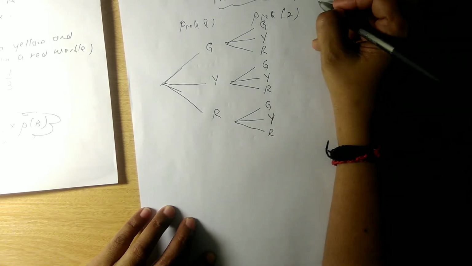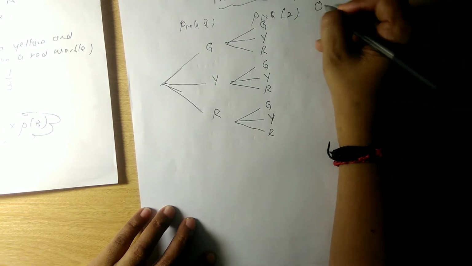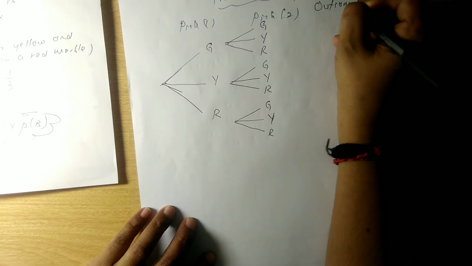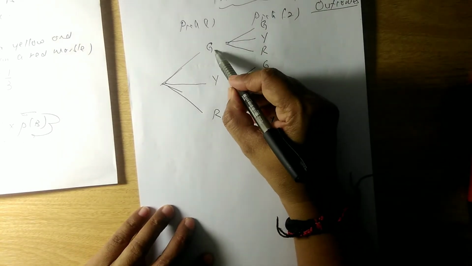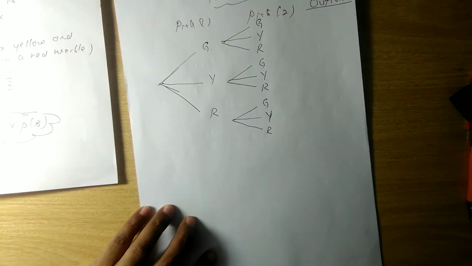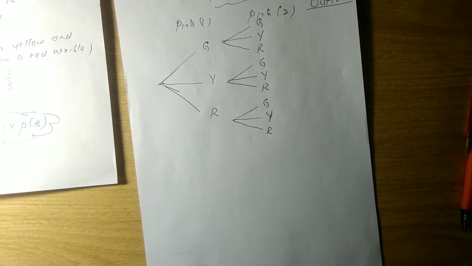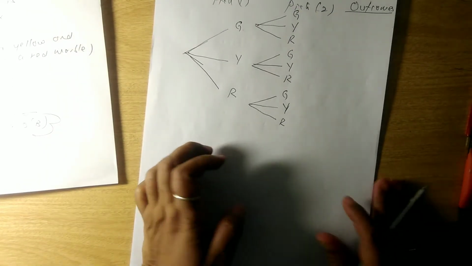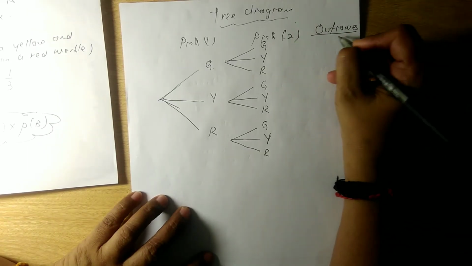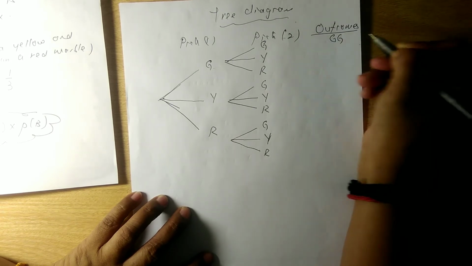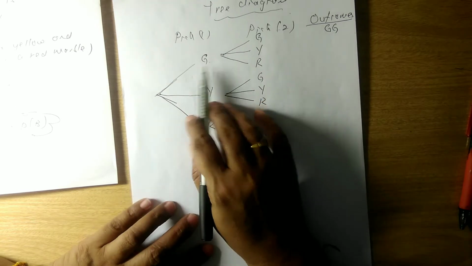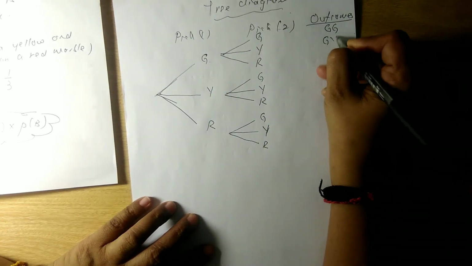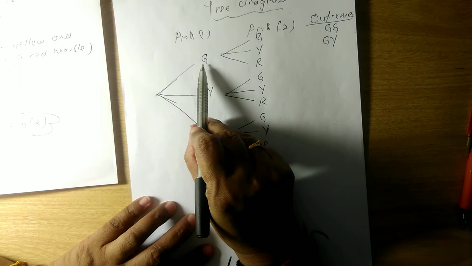If I list down my outcomes of picking two marbles, the first outcome is green and green. Second, I can have green and yellow. Third, green and red.